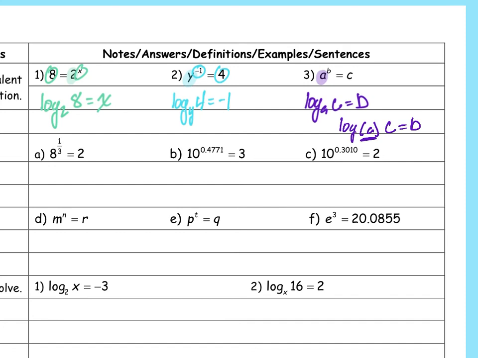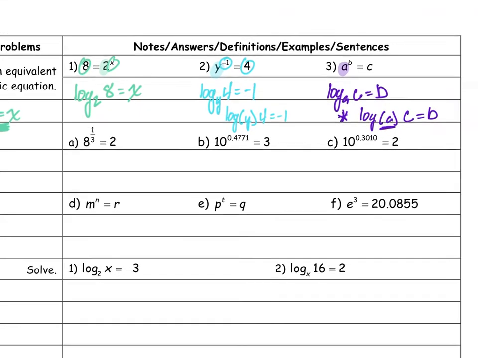So this is just how we kind of decided and worked out between several classes on how to write a logarithm into the chat box. So this one would be log parenthesis y of 4 equals negative 1. So just make sure you're putting your base inside the parenthesis. I hope everyone's okay with that when we do this.